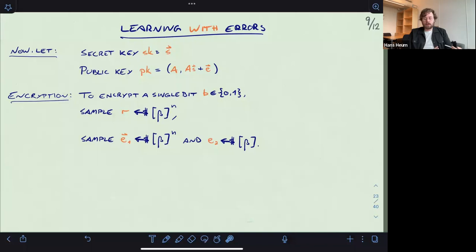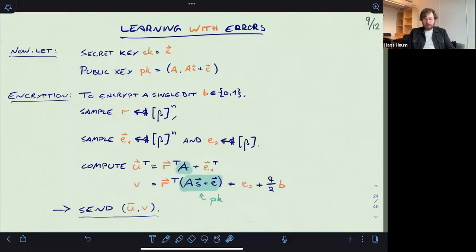You sample a new error term, not the same one as the previous one, so that's why I call this E1, which is also a vector, and then you sample a second error term, which is a scalar, so just a single value within absolute value of beta.